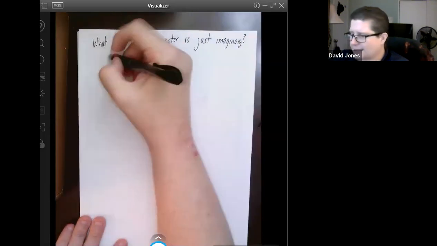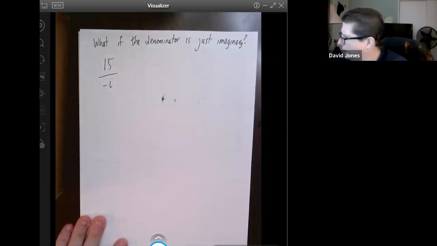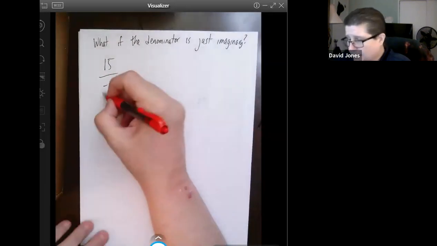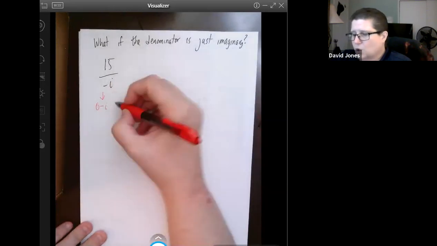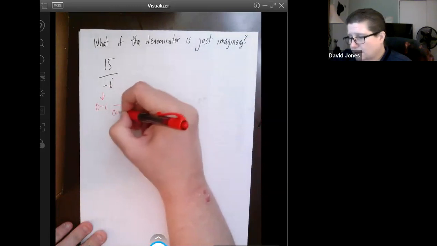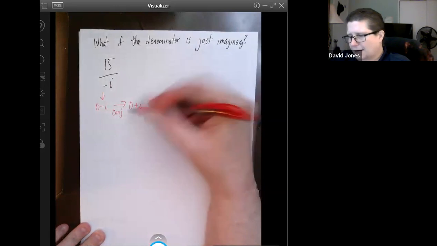I've got, let's say, 15 over negative i. Well, the real component here is 0 minus i, so the conjugate would be 0 plus i, and I don't need the 0.